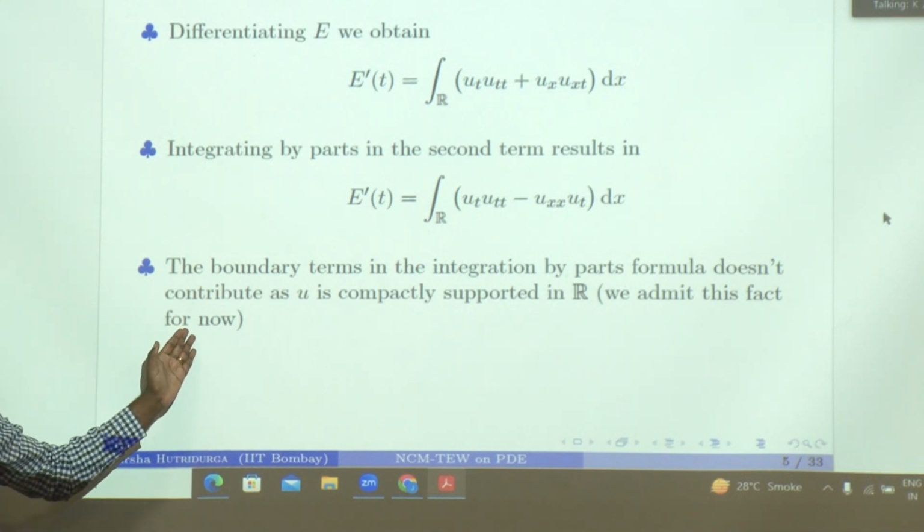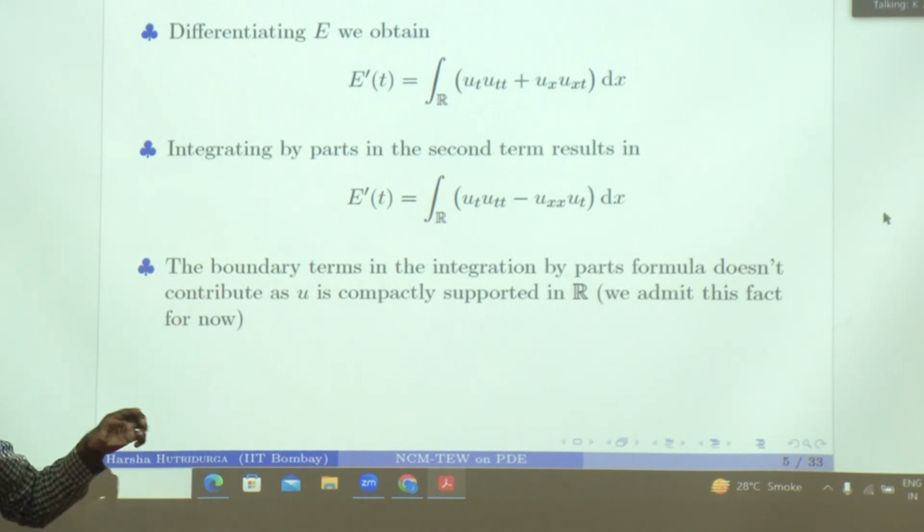We are admitting that here, and in this lecture we will actually prove that if you have a wave equation with initial data which are compactly supported, your solution will also be compactly supported. So that we will see very soon. That is used here. For now we will just admit that.